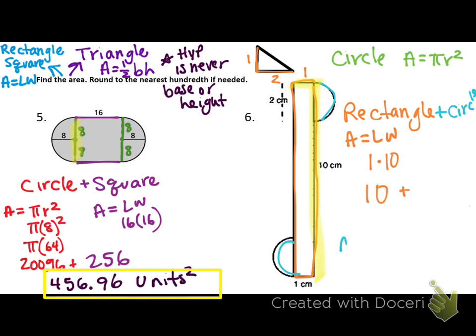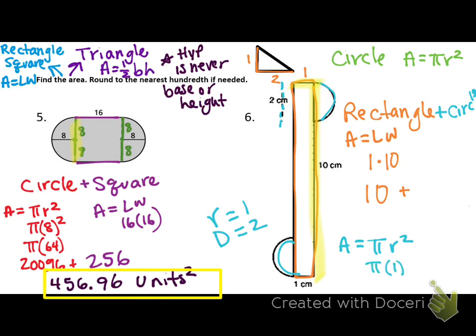We'll add that to our circle. So we're going to do pi r squared. So the most common thing I would say people do is look at this 1 and think it's the radius or the diameter, but it is not. Up here, if you see this is 2, it shows that the diameter is 2. All the way through is 2. So the radius is going to be half that. The radius will be 1.